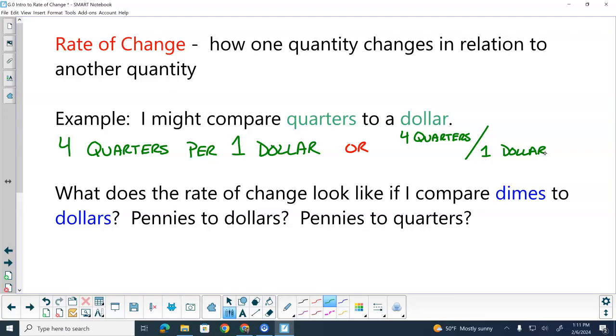What does that rate of change look like if instead of comparing quarters to dollars, we compared dimes to dollars? 10 dimes per $1? Yeah.